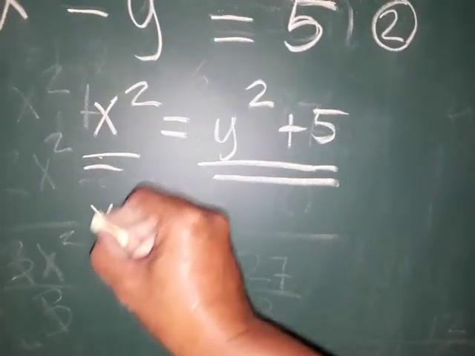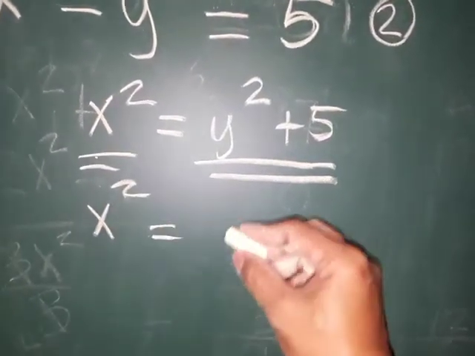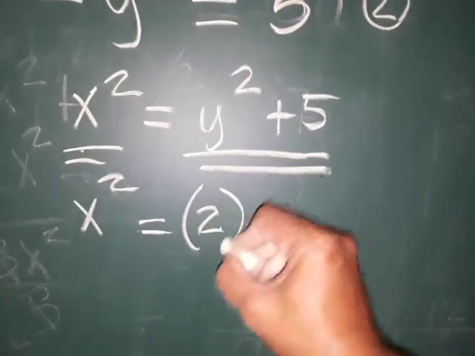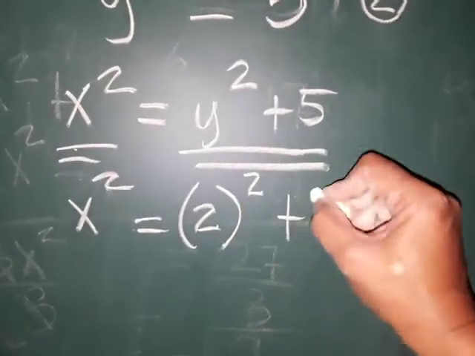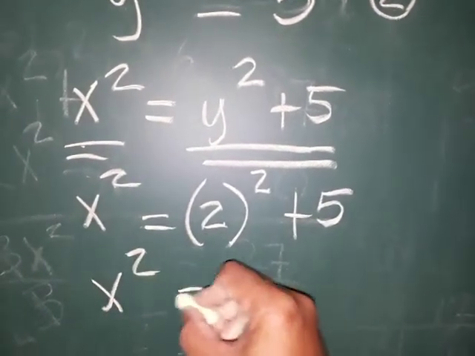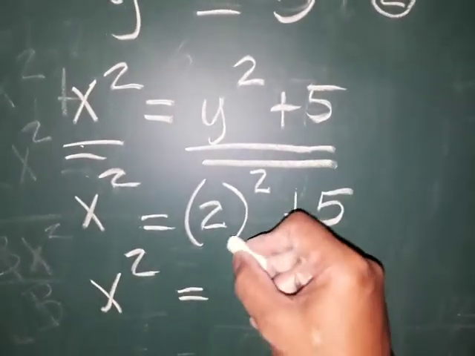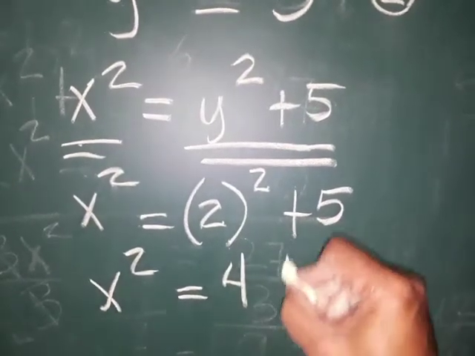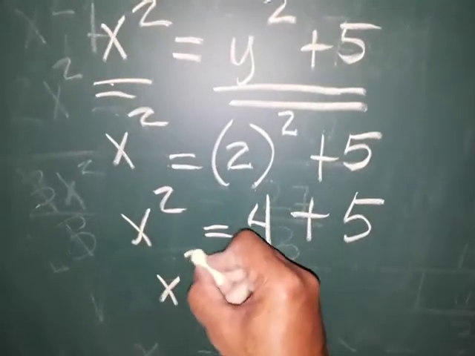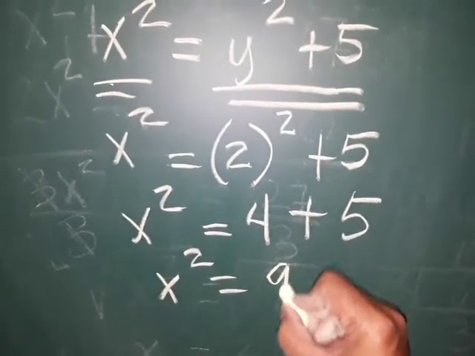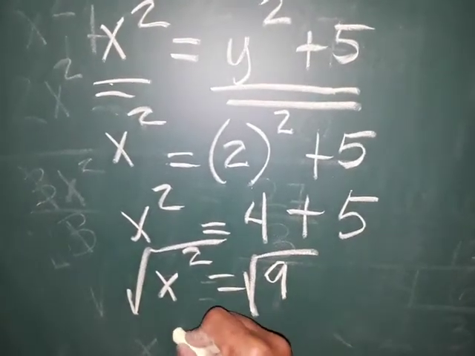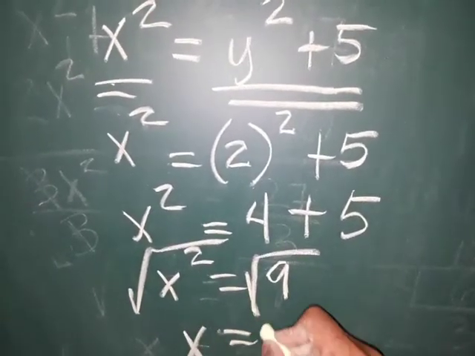Copy x squared is equal to y, which is 2, squared plus 5. Then x squared is equal to 2 squared, or 2 times 2 is equal to 4, plus 5. X squared is equal to 9, take the square root, then x is equal to 3.